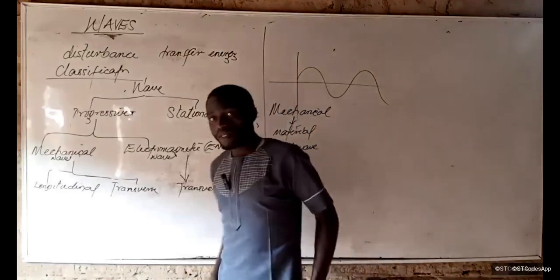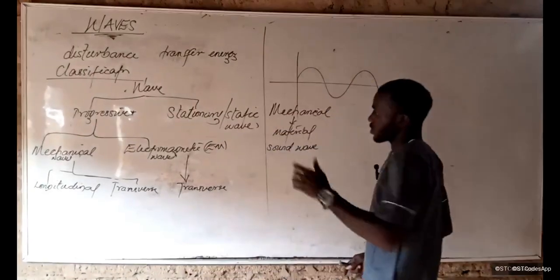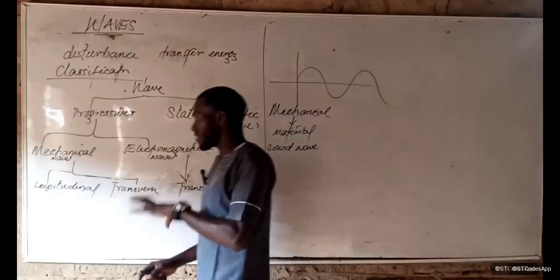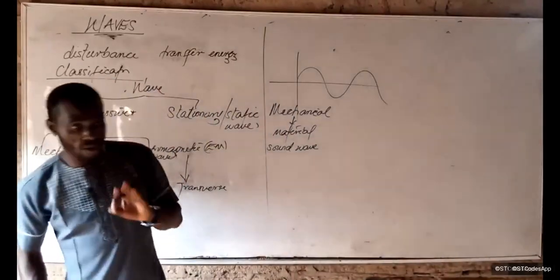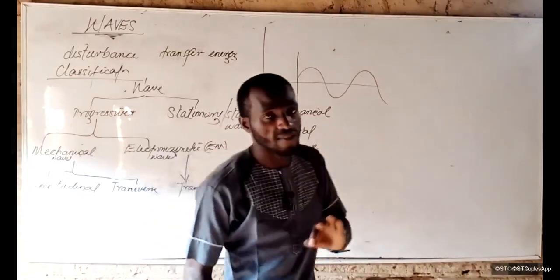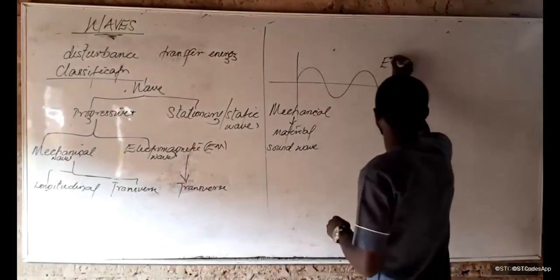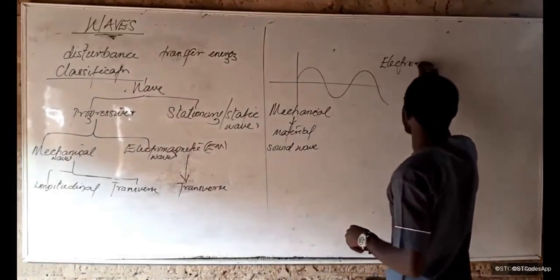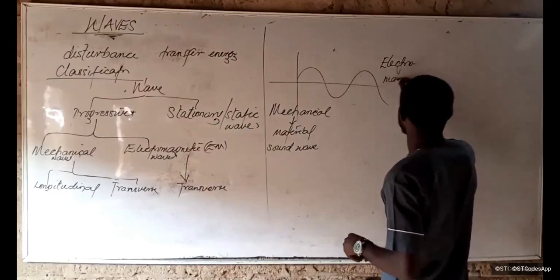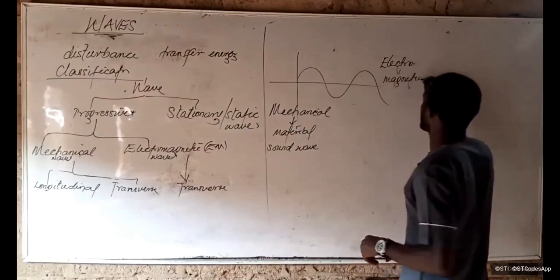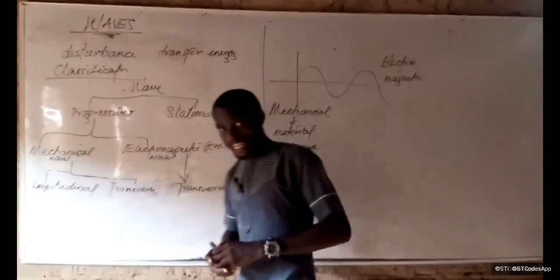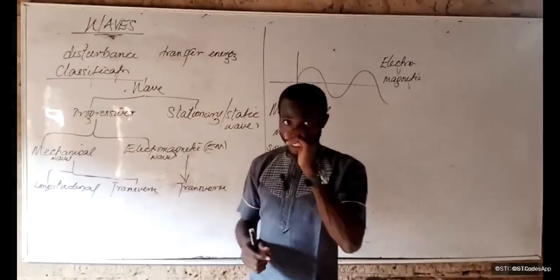And then, coming to the electromagnetic waves. The electromagnetic waves, or the EM waves, are the waves that are created when you see the word electromagnetic, electro referring to electricity, and magnetic referring to what? Magnetism. And you know the Earth has a magnetic property and an electrical property.